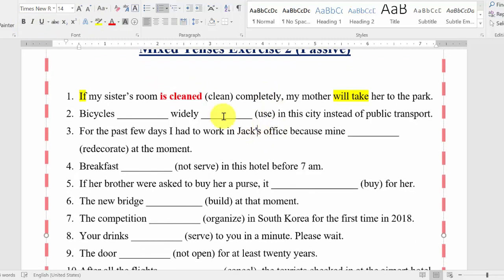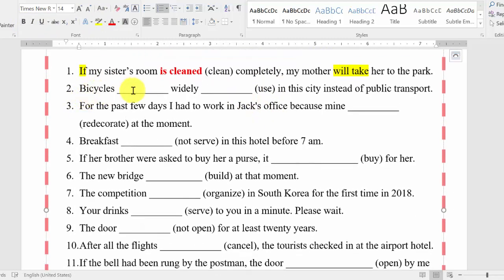Okay, next one, number 2. Bicycles what widely what in this city instead of public transport. So in this sentence, there's no time given. As I told you in the previous video, if there's no time given, you should know that this should either be present perfect tense or simple present tense.